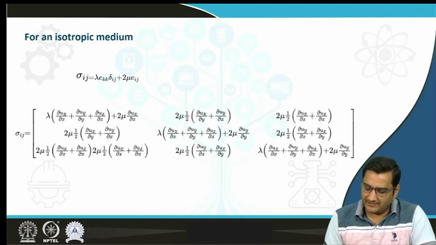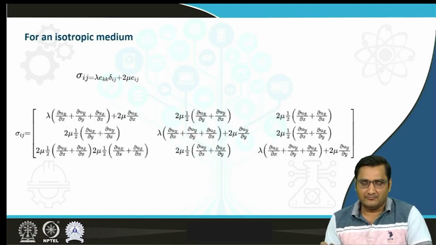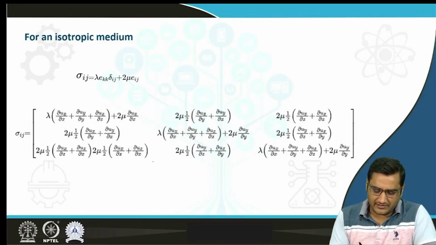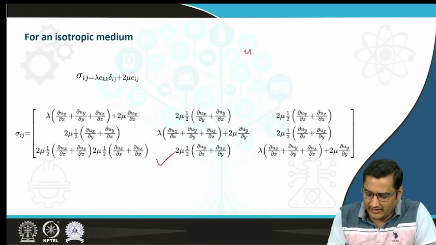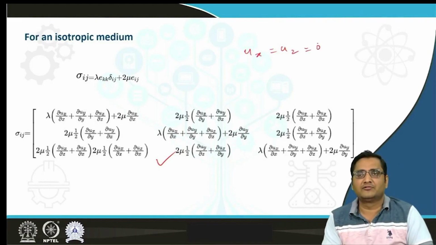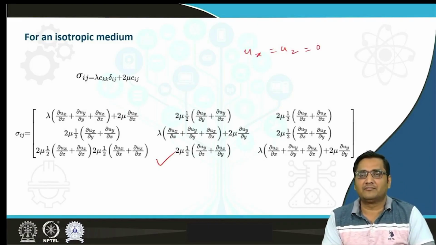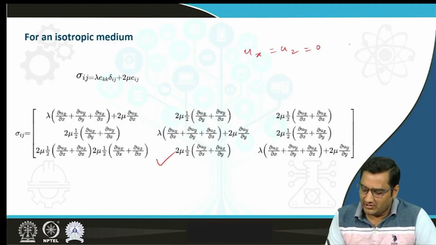When you expand it and write it in the matrix form, the stress tensor may look something like this. And you know that the values of ux and uz are basically equal to 0, because the vibrations are happening only in the y direction. So the only non-zero displacement will be uy.